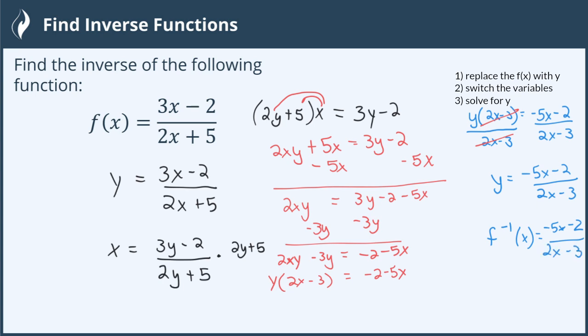So the inverse of x, that's what this notation means. The inverse of x is negative 5x minus 2 over 2x minus 3. So the original f of x was 3x minus 2 over 2x plus 5. The inverse of this function is negative 5x minus 2 over 2x minus 3. So that's how you find the inverse of a function.